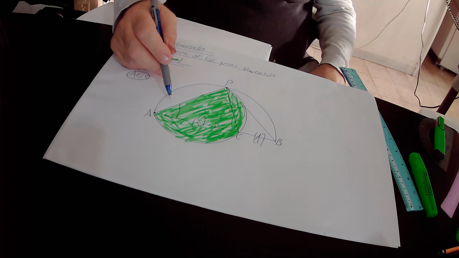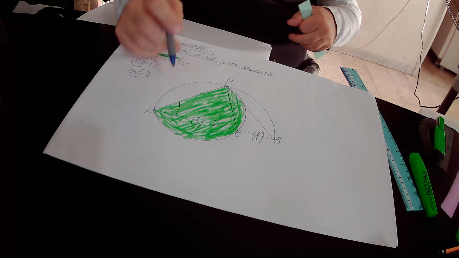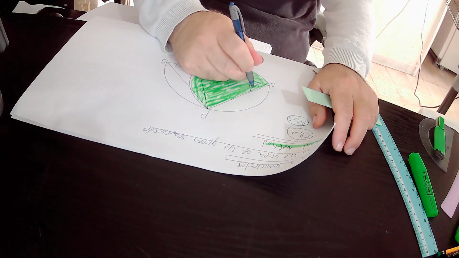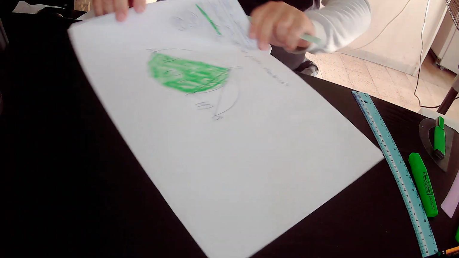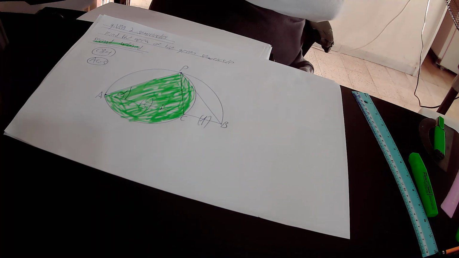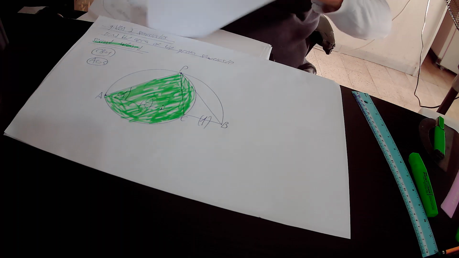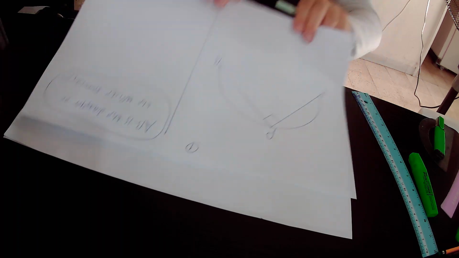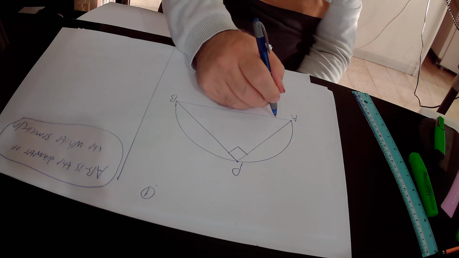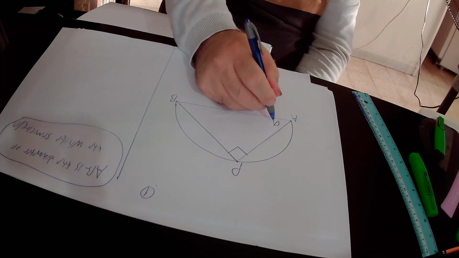So we define the size of this common angle, angle A, as alpha. This is the common angle, angle A, that is equal to alpha according to our definition.